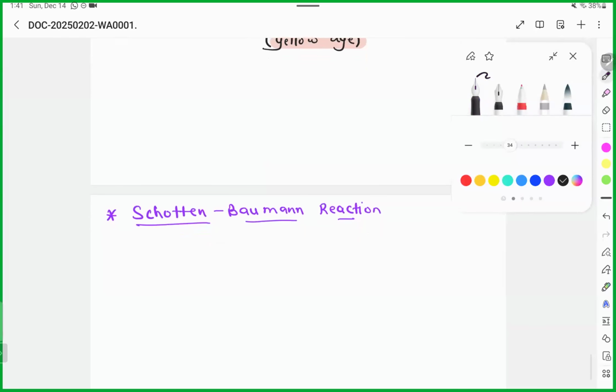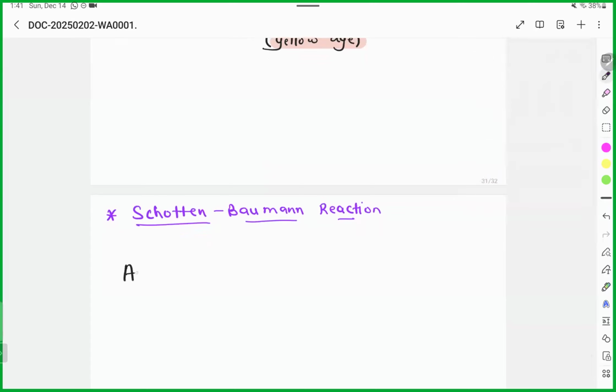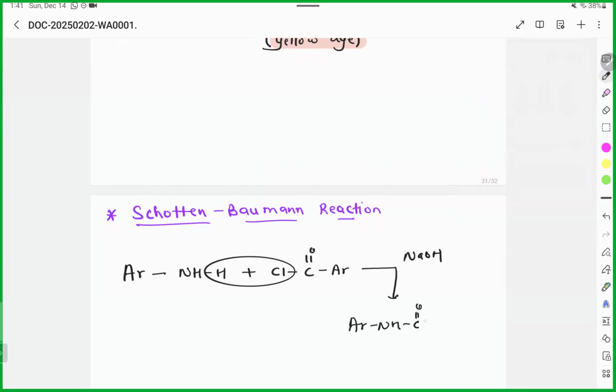So what will happen if you take a benzene ring with NH2 and it reacts with Cl, C double bond O, benzene ring? HCl will come out in the basic medium, and then what will happen? Correct? This is the benzoylation process.